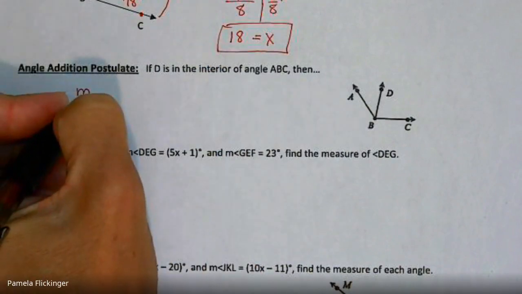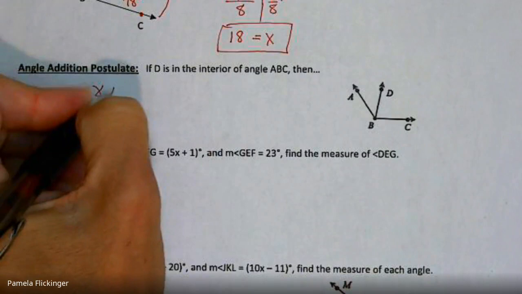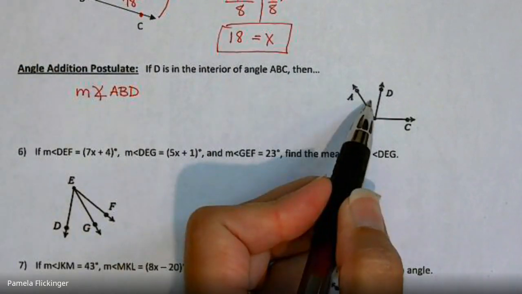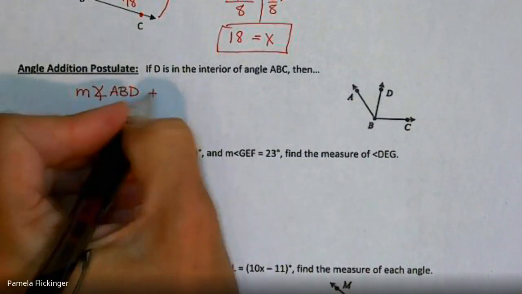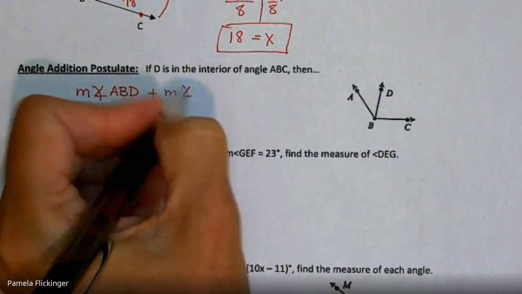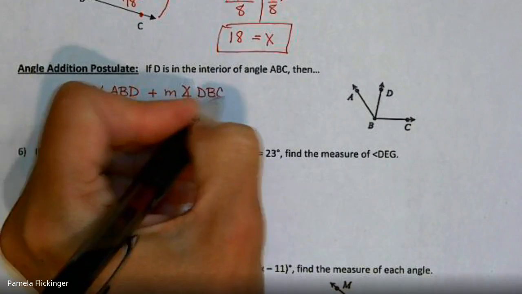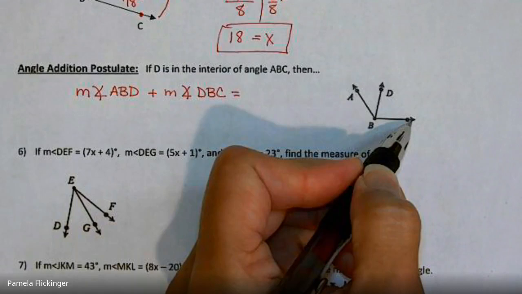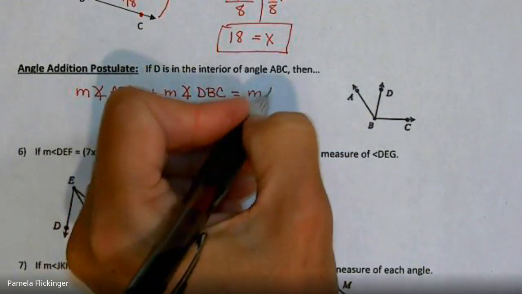It means the measure of angle ABD, which is this smaller angle here, plus the measure of angle DBC, which is the other smaller angle, is going to equal the large angle. So the measure of angle ABC.